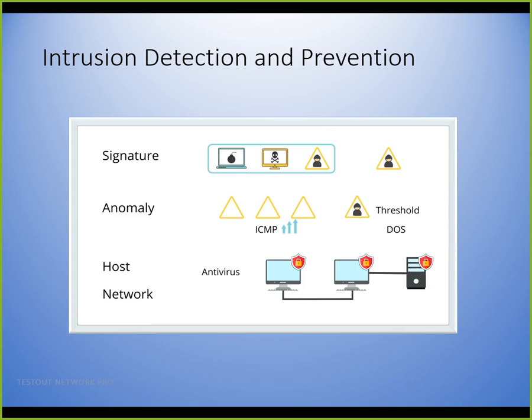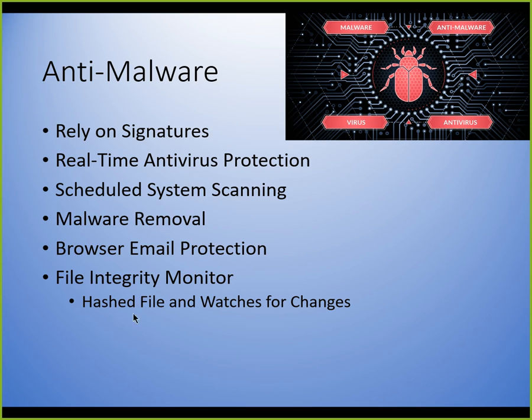An anomaly system, heuristic system, takes some time to learn what's normal. Once it learns what's normal, it can then prevent or report the attacks based upon the abnormalities.